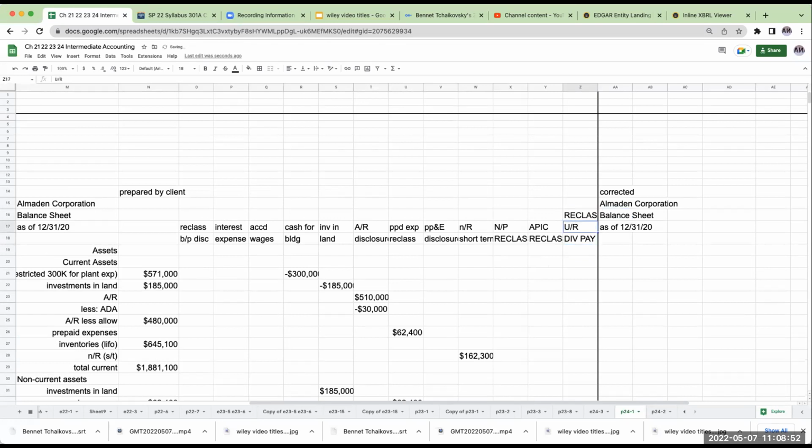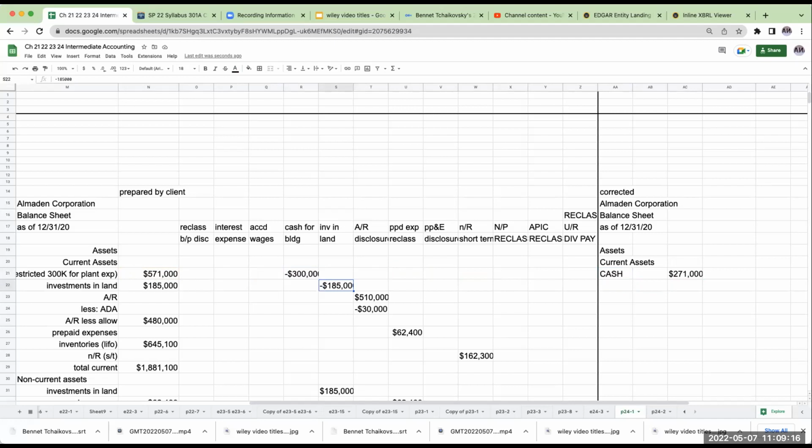Reclass. Okay. So now for my corrected balance sheet, I'm going to have assets. So I'm going to have current assets. And over here, I'm going to list out my cash. Now, when I'm listing out my cash here, I'm taking out that 300,000 that was reserved for plant expansion. So this now just shows as 271.